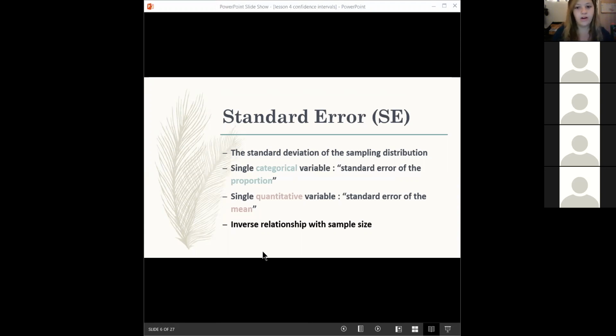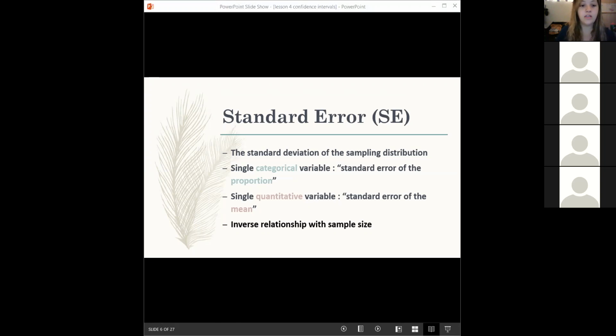A proportion is one number over the other, like the number of people who said yes over the total. For quantitative, your mean is your average: you add them all up and divide by a certain number. Quantitative variables have to do with that value, so that's why it has to do with the mean.